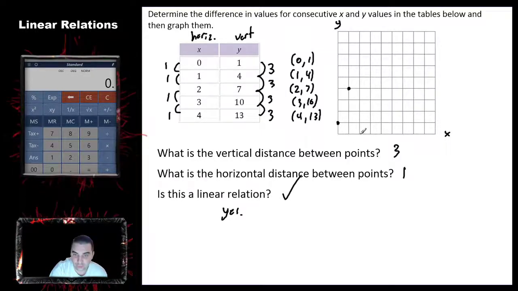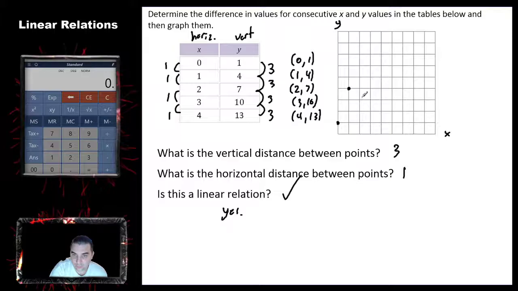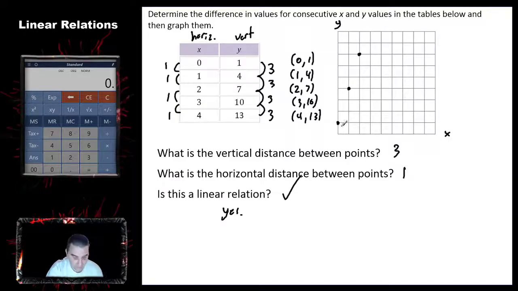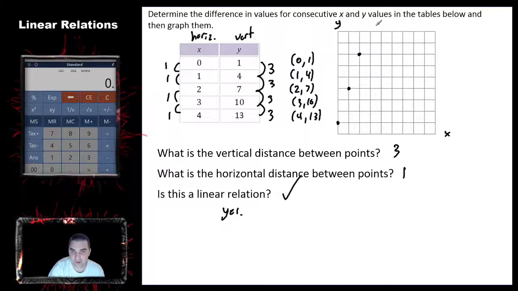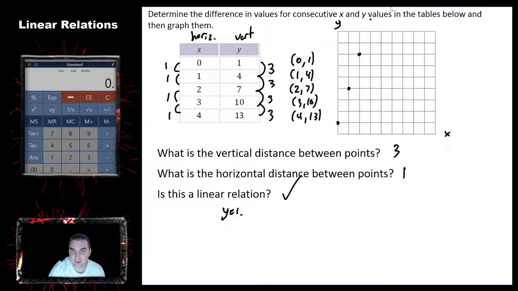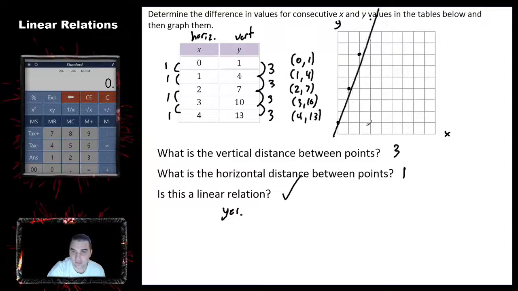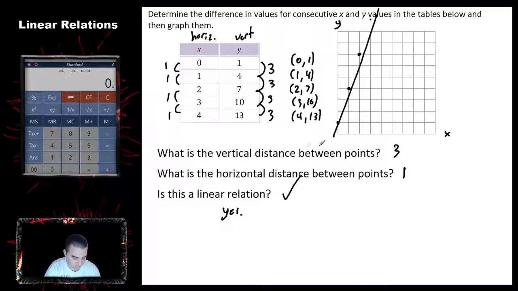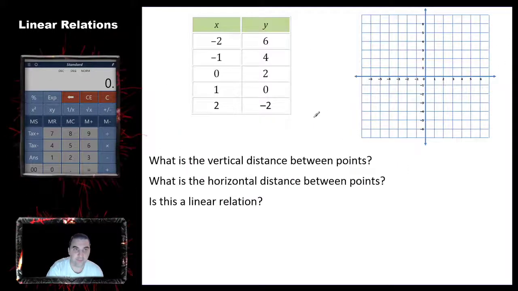It is a linear relation, and I'm not going to be able to draw the next point, but it will be somewhere up like here, and then it'll extend off my screen, and it'll just form a nice line, nicer than that. But it is a linear relation, so it works out perfectly here.